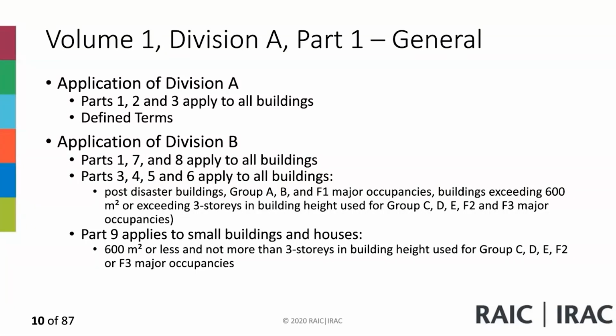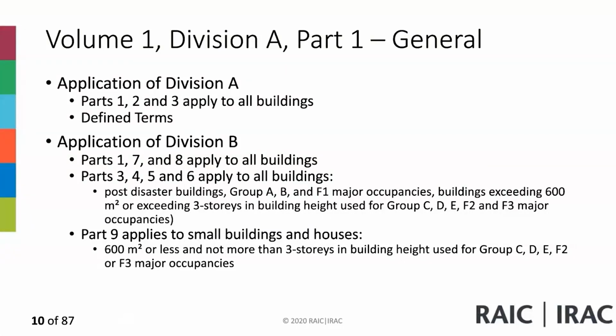All right. Before I move on to the next slide, as you see here on the slide, we talked about the application of Division B. We talked about Part 3 applying to all post-disaster buildings. Post-disaster buildings is a defined term in italics.